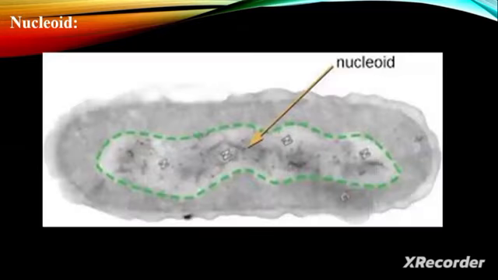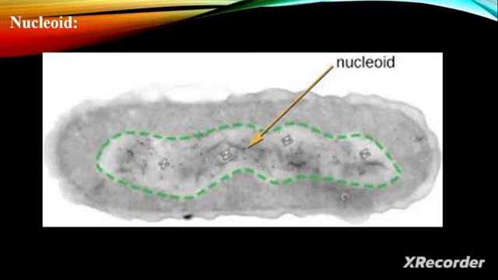Under this part, there are several functional components or organelles. The first component is the nucleoid. This is the central, irregularly shaped region where the cell's primary genetic material resides.